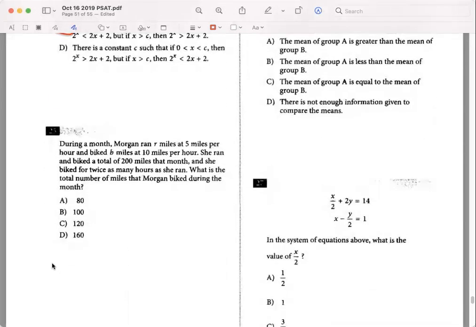Okay, during a month, Morgan ran R miles at 5 miles per hour and biked B miles at 10 miles per hour. She ran and biked a total of 200 miles that month, and she biked for twice as many hours as she ran. What is the total number of miles that Morgan biked during the month? Okay, so she ran R miles at 5 miles per hour, right? So what is the time that she took for running?